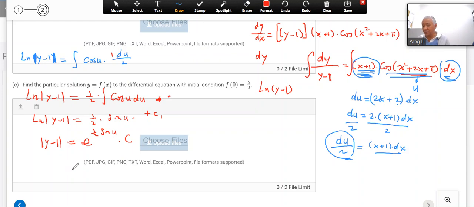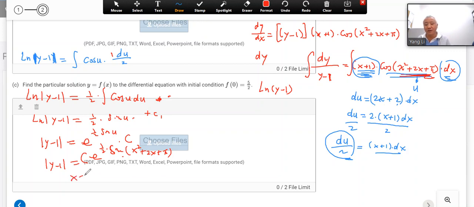Now we can use the given condition. They give you x equals 0. So we get absolute value y minus 1 equals c times e to the half sine u, with c in front, okay? And the u here we can put back from here, so you have x squared plus 2x plus pi, like this.